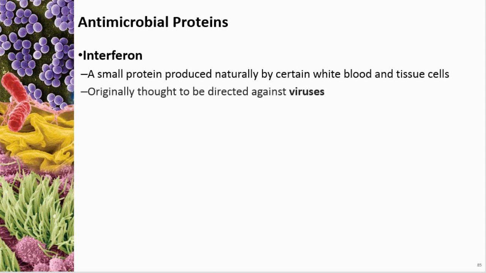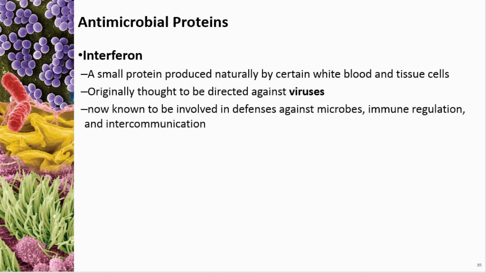Originally someone thought it was only for the control of viruses, so in other words, just protective against viruses. But now we know that it's involved in lots of different pathogen defense reactions, as well as immune regulation and communication among the cells.